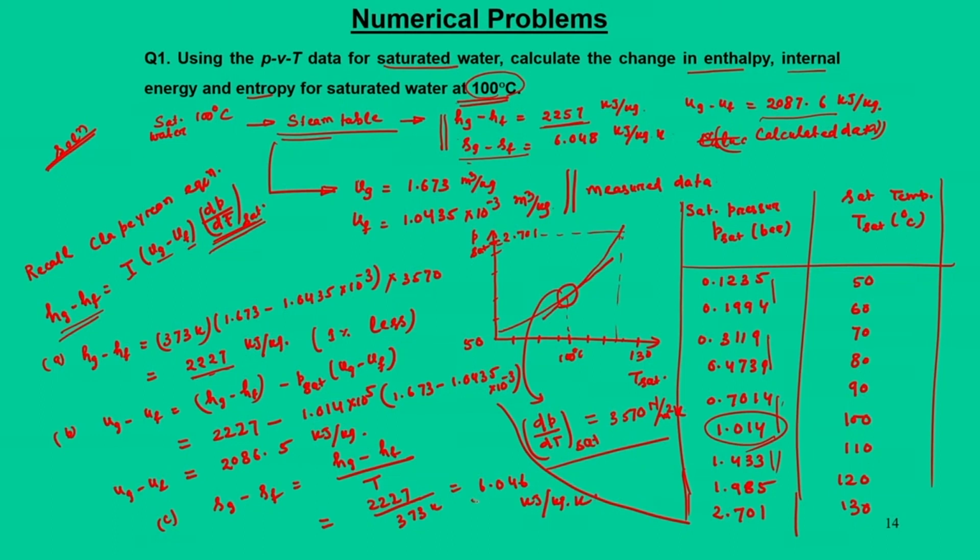Of course this value is close to 6.048 from the steam table data. So this demonstrates how the Clapeyron equation is useful to get thermodynamic property values, and in particular we have validated it with respect to the steam table data.